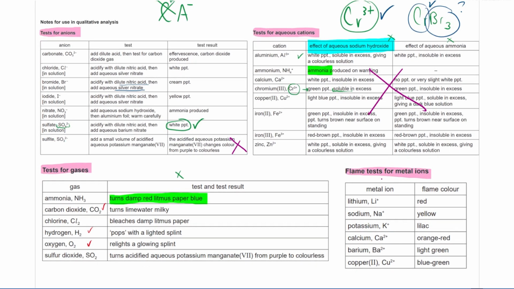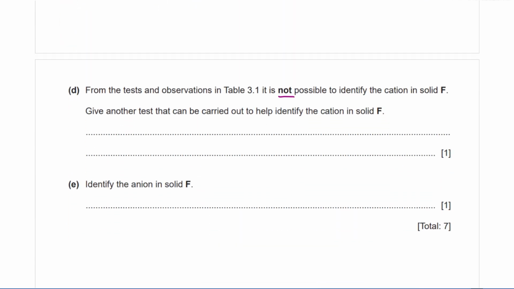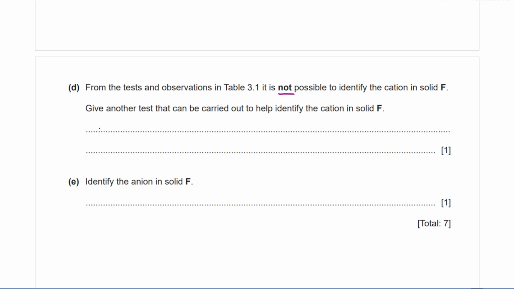So we can do a flame test to try to identify if we have lithium or sodium or potassium or calcium, barium or copper. Okay, so our answer here is we can carry out a flame test.